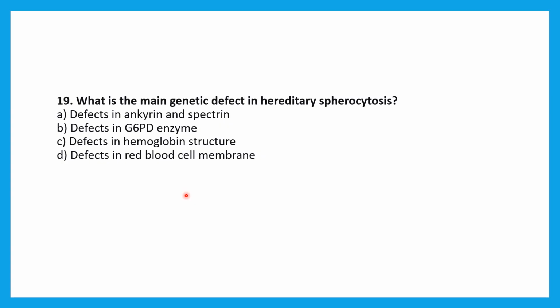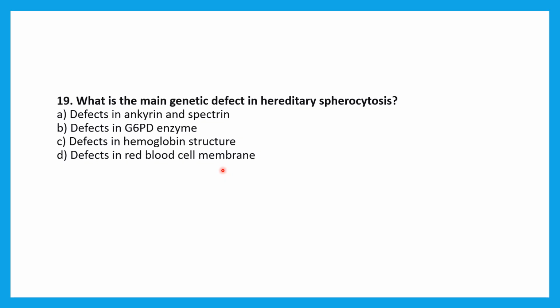The lecture slides that are coming, which you might have access to under this channel, comprehensively explain what hereditary spherocytosis is. From the notes and the knowledge that we have, defects in the red blood cell membrane is of course broadly correct.